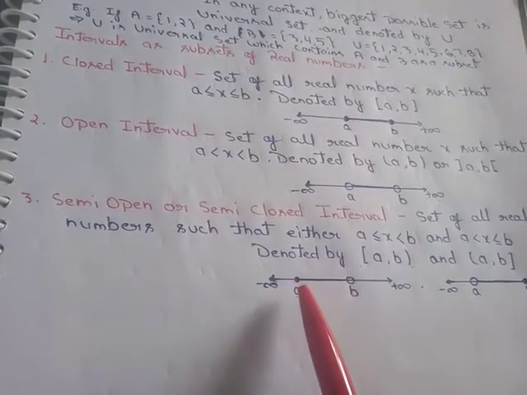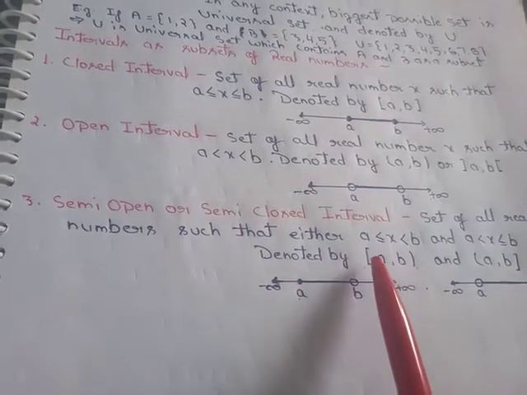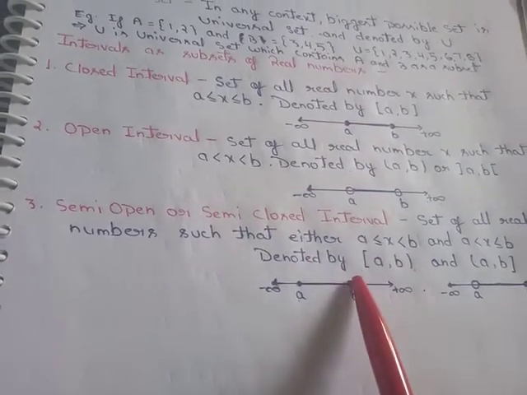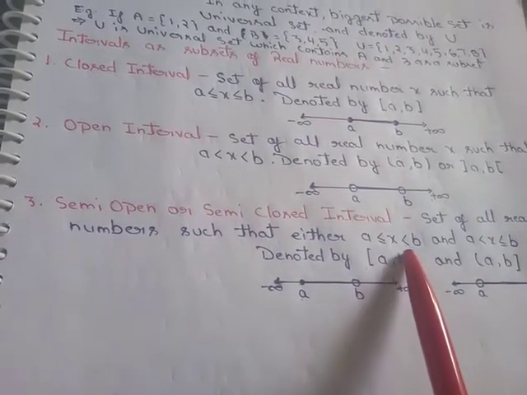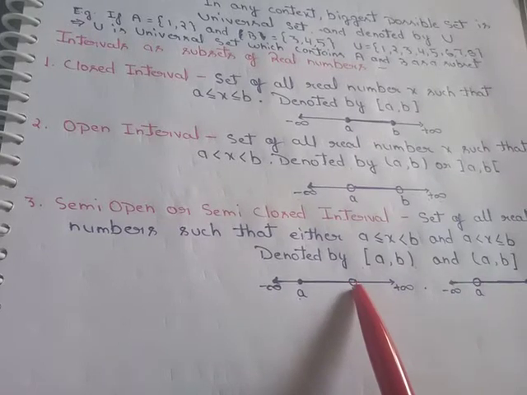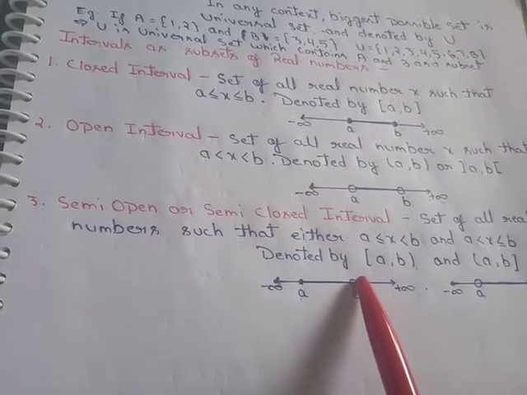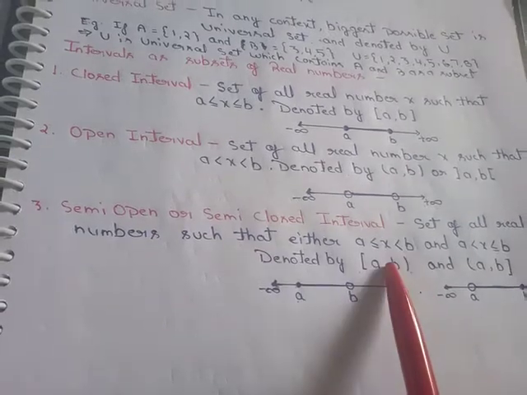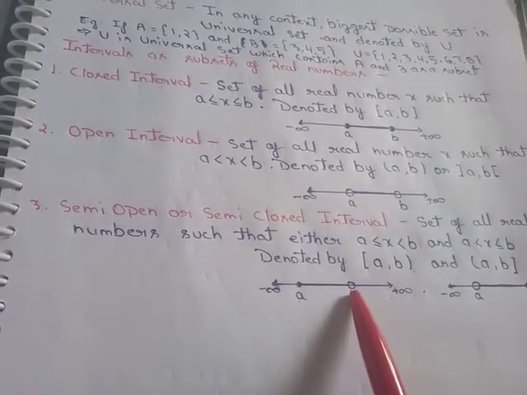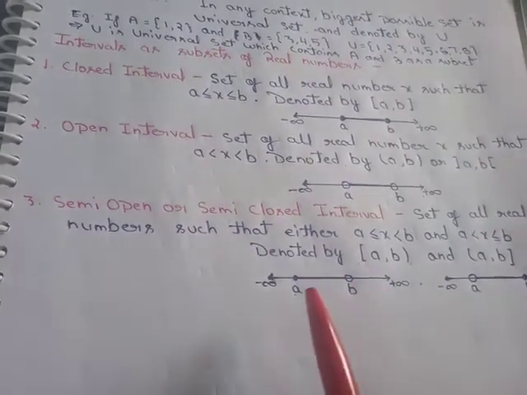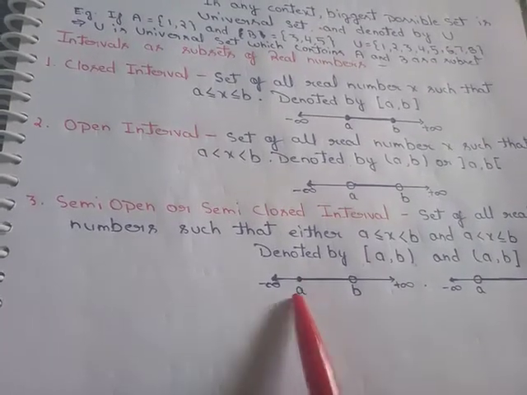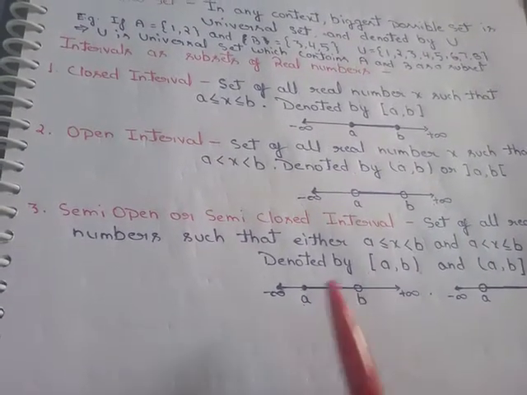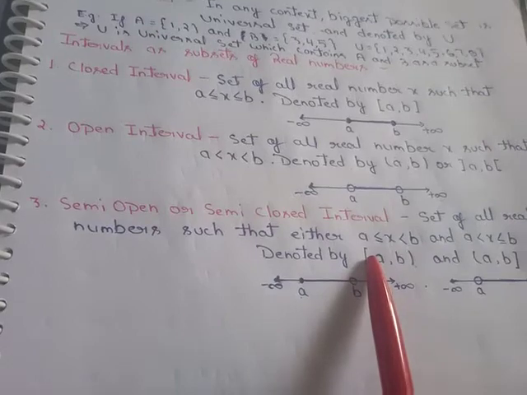So it means a is included in this interval, and b is within an open bracket and denoted by the hole. It means b is not included in this interval. It means b is excluded, and all the numbers between a and b are included in this interval.